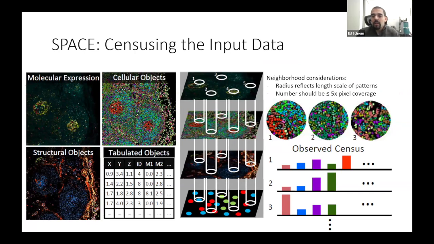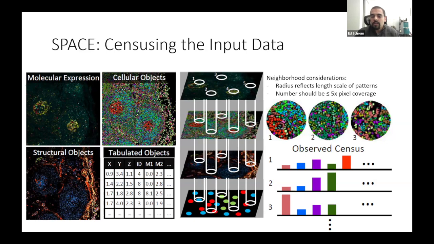Absolutely, great question. So what we have found is that the size of these circular neighborhoods ought to be loosely matched to the size of the patterns you're interested in. So if you're interested in cell-cell contacts at the individual cell level, you'll probably want to use neighborhoods that are about 5 to 10 microns in diameter.